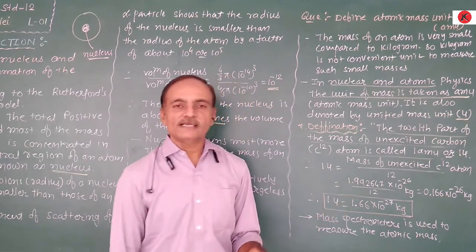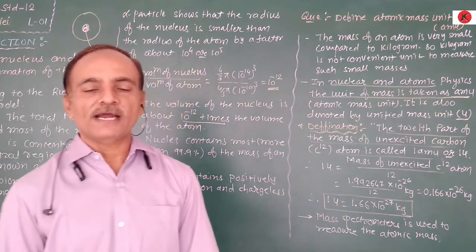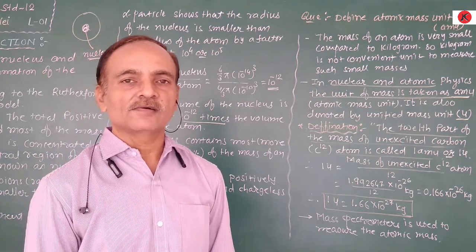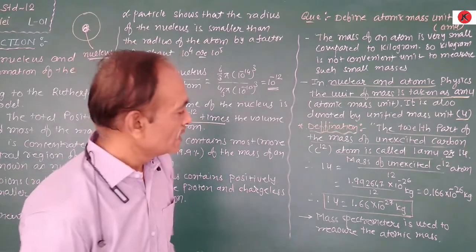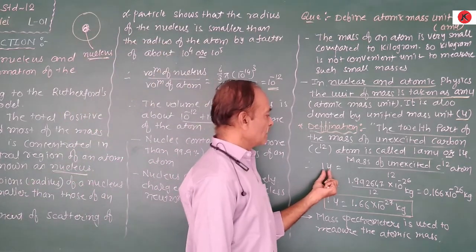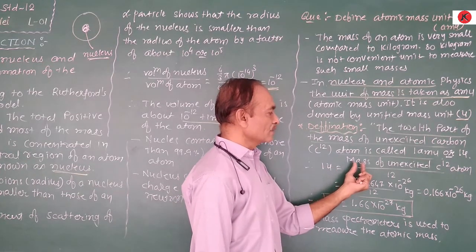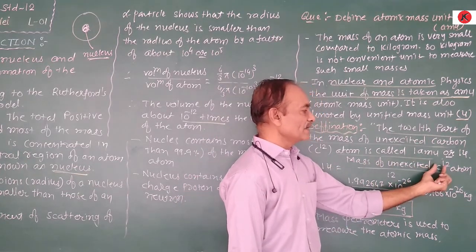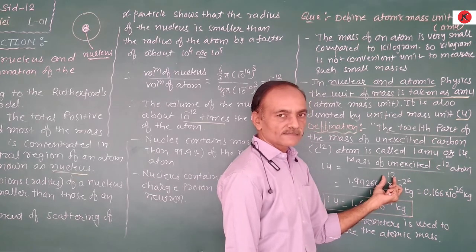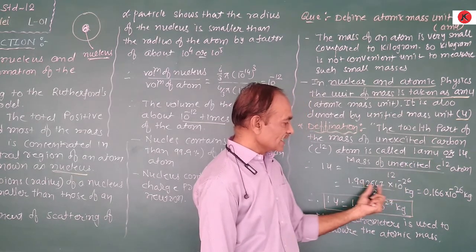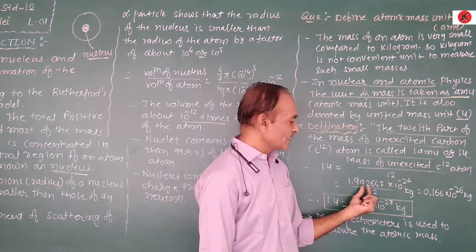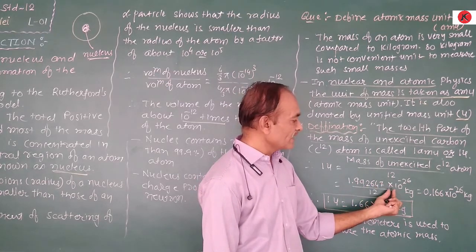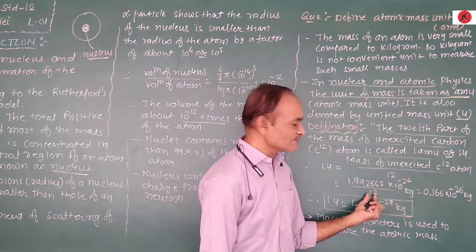So how do we obtain the relation between unified mass or atomic mass unit and the kilogram? From the definition, one atomic mass unit is equal to the mass of an unexcited carbon-12 atom divided by 12. The mass of an unexcited carbon atom is 1.992647 into 10 raised to minus 26 kg, divided by 12.